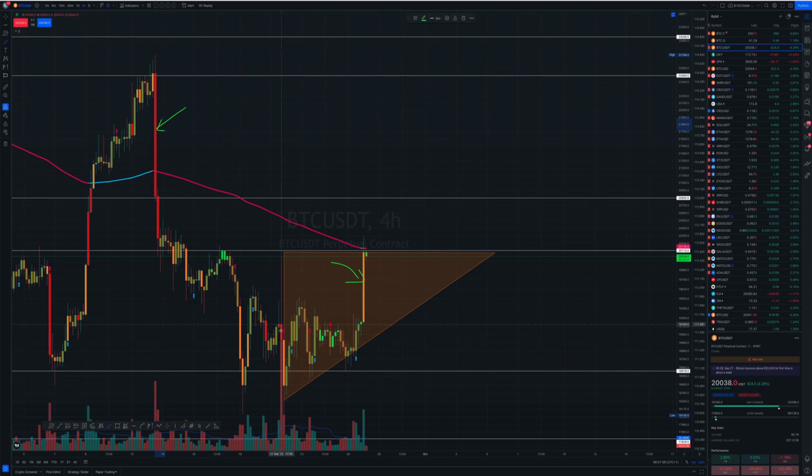Again, we had big volume here, very wicky, but you can see. And I would expect us to come down, claim some more of this range down to the 19,000 zone, maybe a little bit higher.